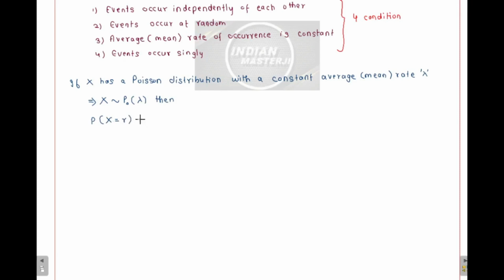This is the probability of R occurrences of a certain event in a given interval of time or space.